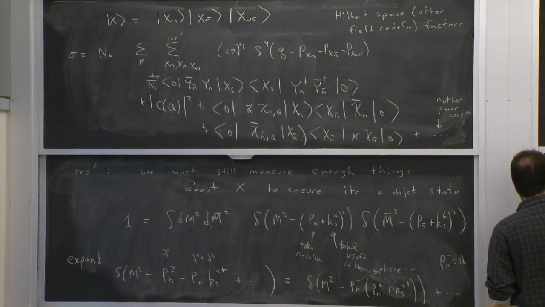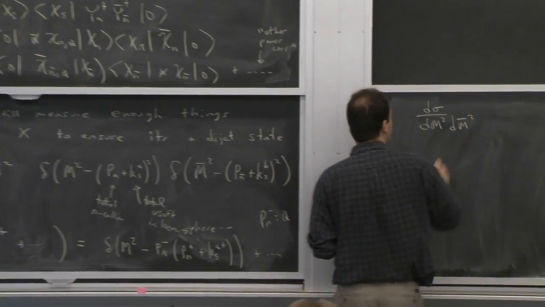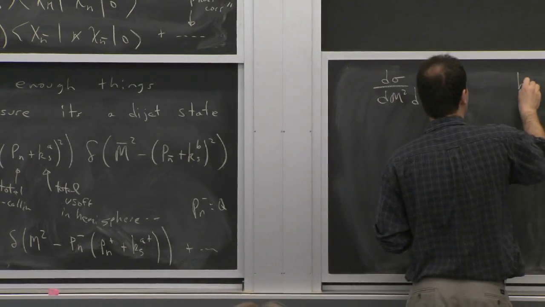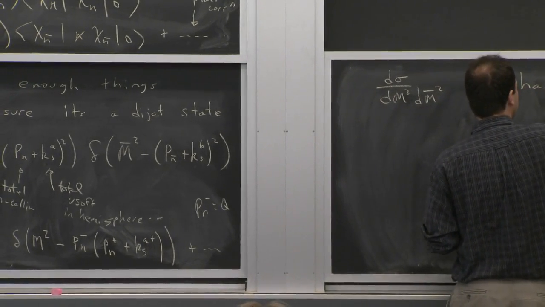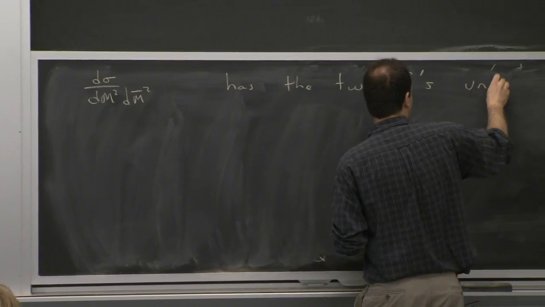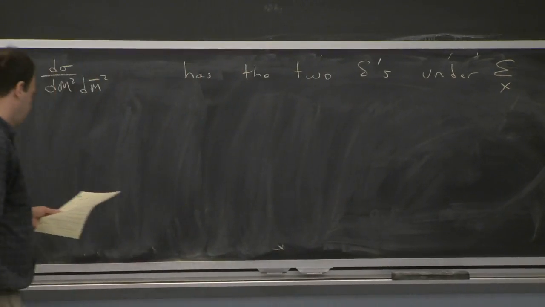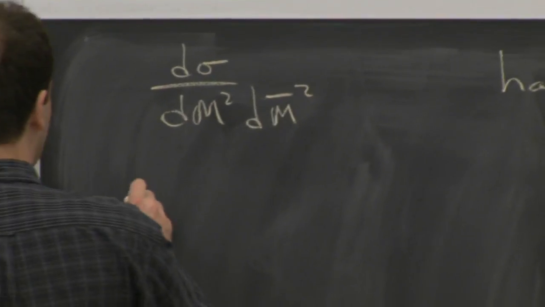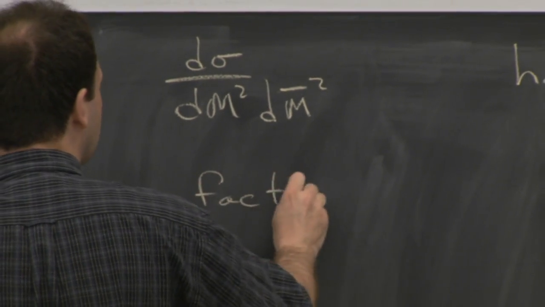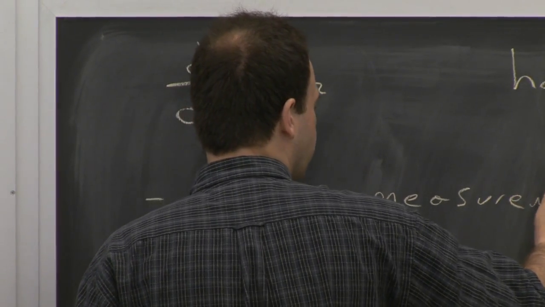So then I can do what I said in words, write this guy, and it will have these two deltas that are under the sum over x. They don't commute through with that. They depend on x. Now, another thing we would like to do is to factorize the measurement.